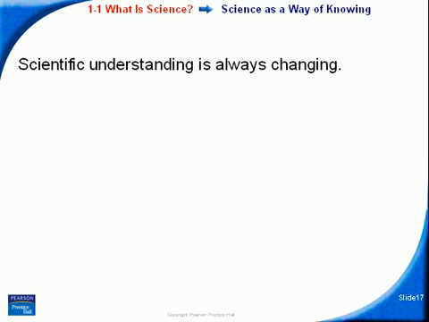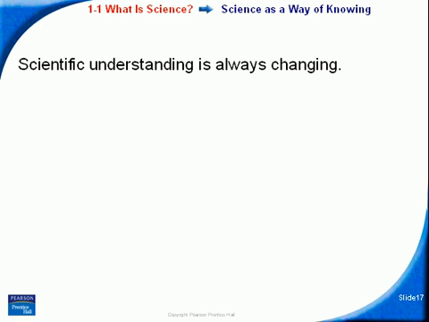The idea of something such as evolution and climate change is constantly being tested, and our understanding of evolution and climate change is always changing. These are examples. You may hear it in the news often about new data on climate change now makes us think that climate change is accelerating.